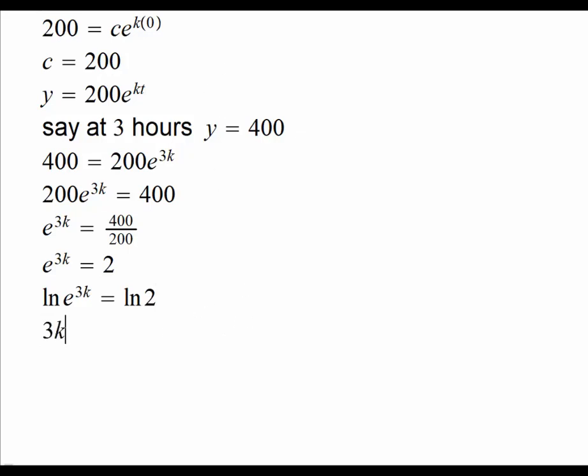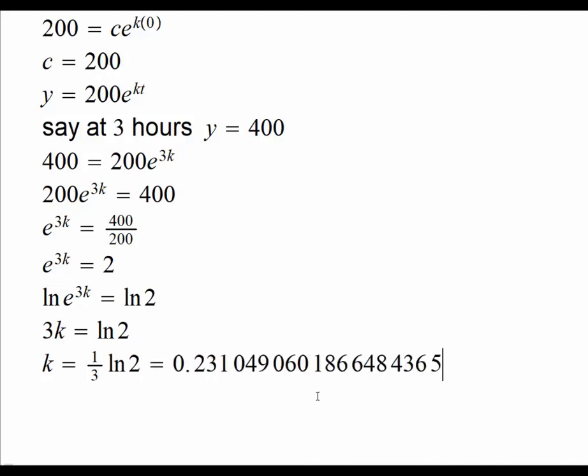So 3k is the natural log of 2, or k would be 1/3 natural log of 2. You can use your calculator and obtain that the value of k is approximately 0.231.